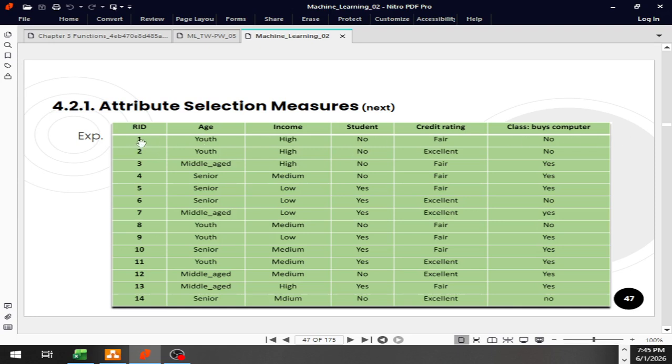We have one element with 100% no, one element 100% no, one element 100% yes. So the first data set 0, second 0, third 1, fourth 1. So the purity or the entropy equals 0. Based on information gain, we would say that this is perfect.